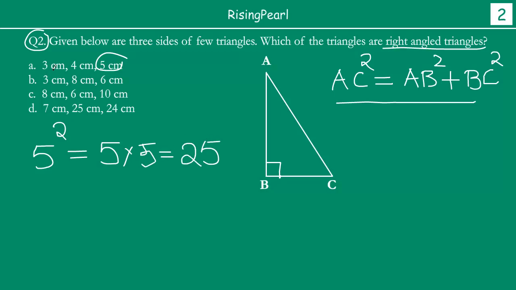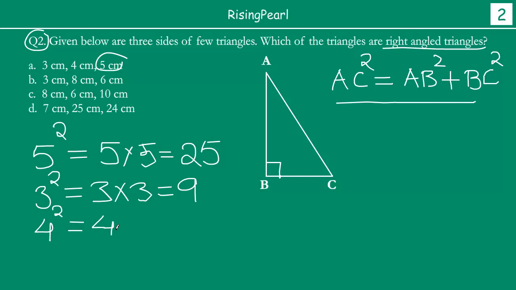Then I'm going to find out 3 square. 3 square is 3 times 3, which is equal to 9. And 4 square is 4 times 4, which is equal to 16. Now I'm going to add these two and see what we get.